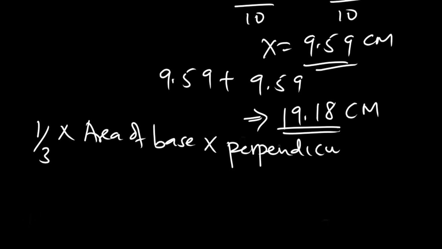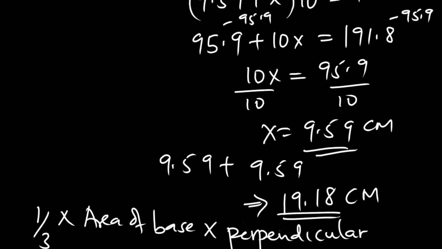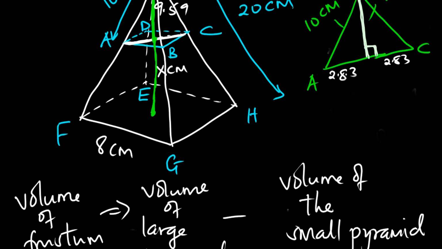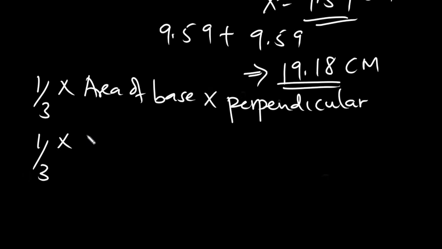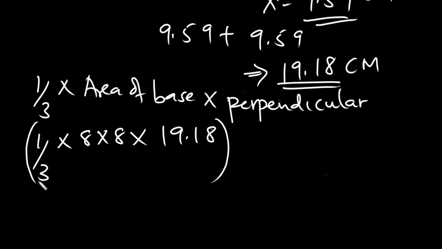The base measures 8 centimeters by 8 centimeters. Remember, it is a square. So a third times 8 times 8, that is the area of the base, and then times the perpendicular height, which is 19.18. So that is the volume of the big pyramid.